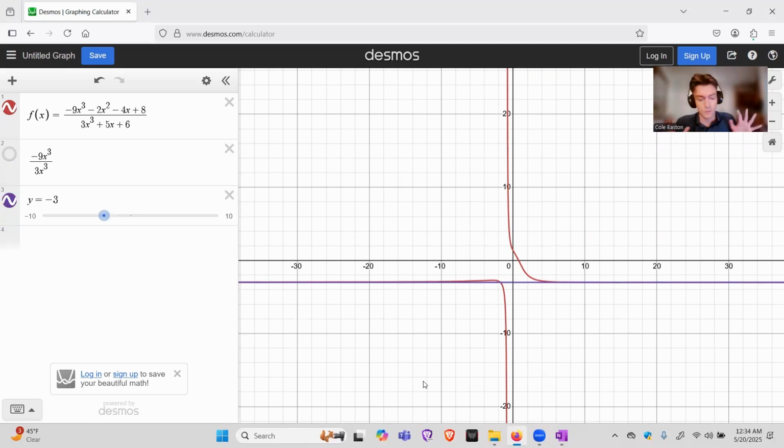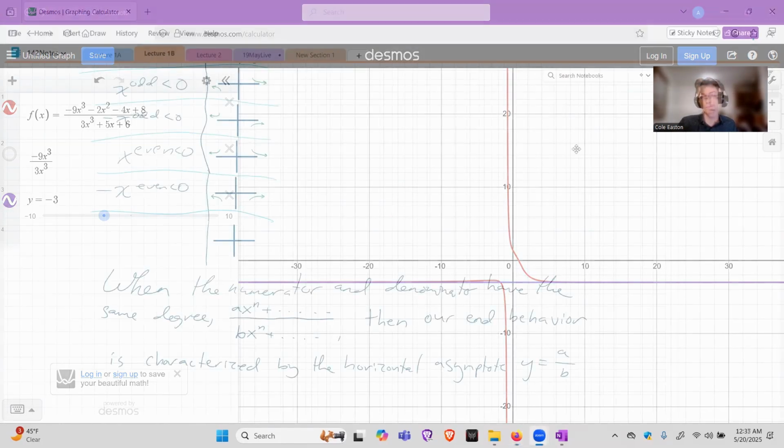So essentially our rule is that when we have the same leading power, or the same degree of polynomial, in the numerator and denominator, then we're going to have what we call a horizontal asymptote at the quotient of the coefficients, right? And a horizontal asymptote is essentially a type of end behavior. And so that's how we're going to think about it here.